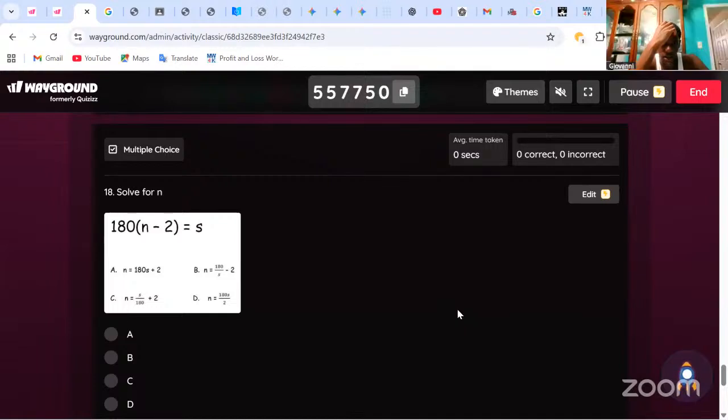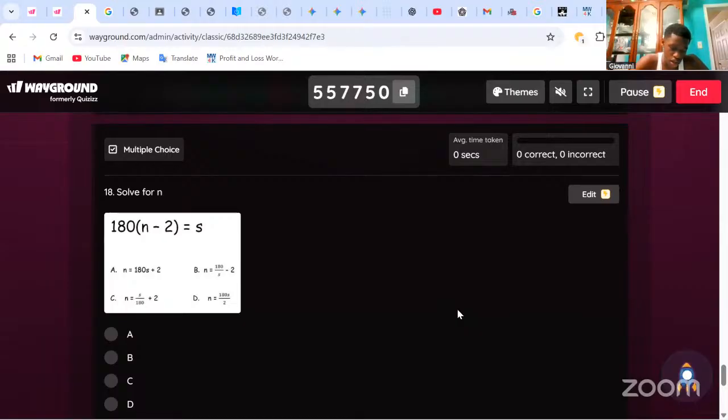Wait. So I distributed the 180. So I had 180n minus 360 equals s. Then I added 360 to both sides, so s plus 360 equals 180n.